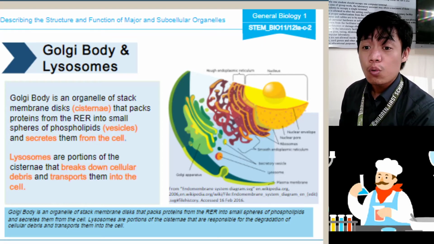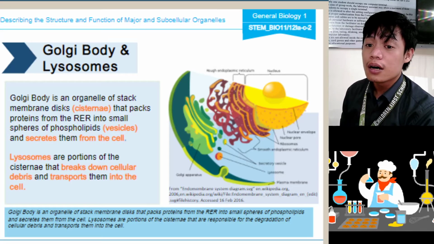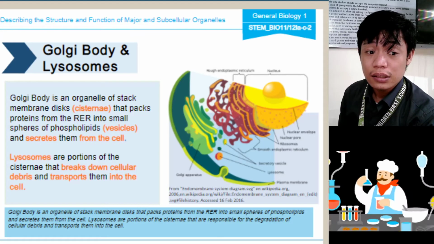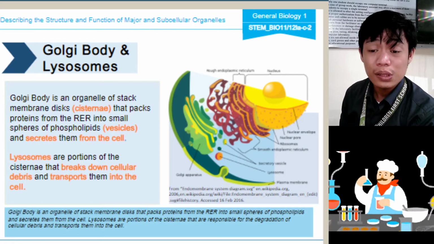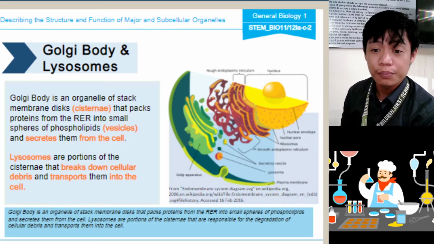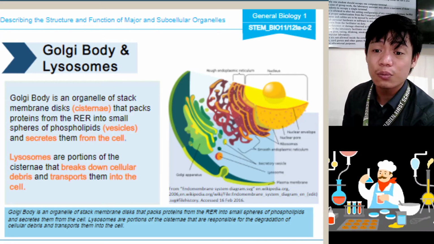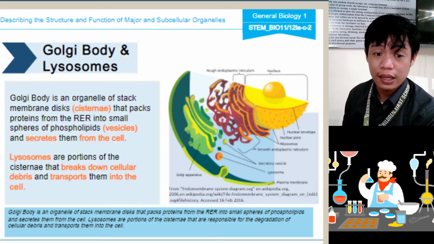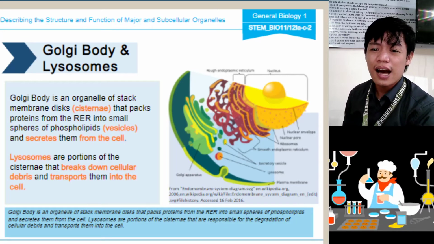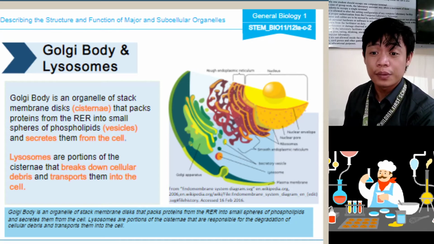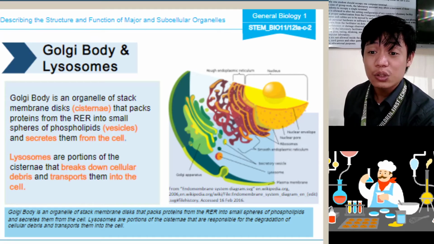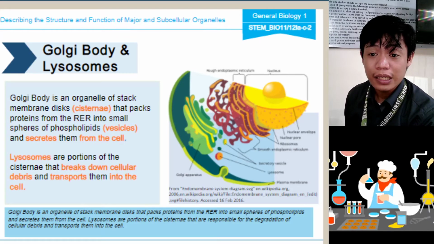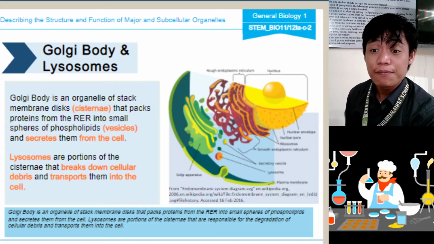Once foreign bodies enter the cell, they will be immediately transferred to the lysosome, and the lysosome will break them into small pieces and eliminate them from the cell. So that's the purpose of the lysosome. So once again, lysosome is the suicide bag, while the Golgi body is the manufacturing center, or factory, or packaging center of the cell.